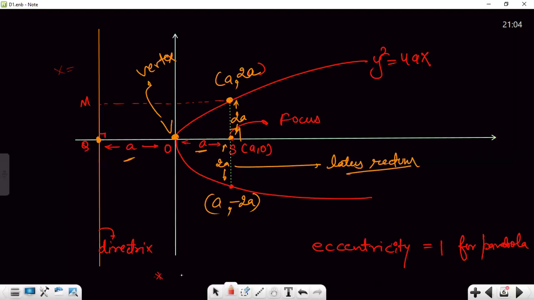I'm writing it here: the distance between any point on the parabola from the directrix and focus is always equal. Always equal.